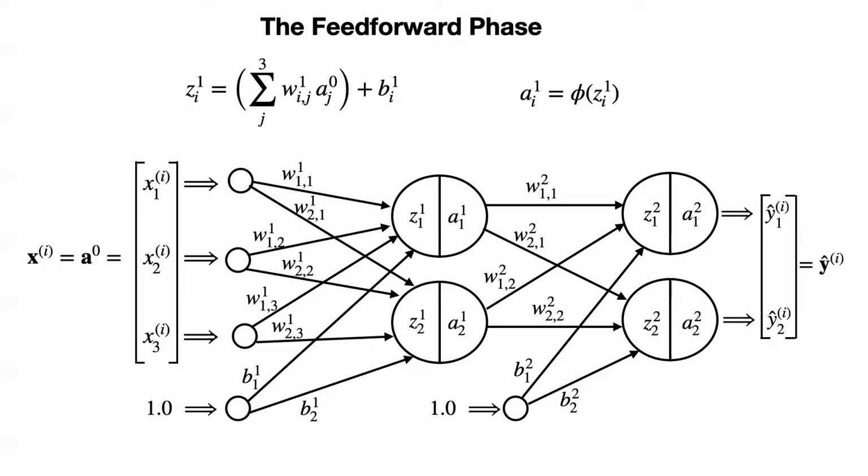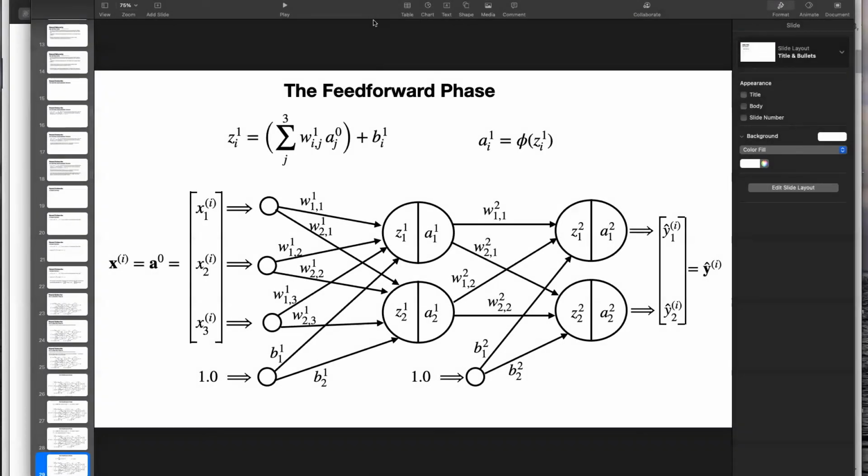The indices make it look awful, but if you focus in on Z1, it's A1 times this W plus A2 times that W plus A3 times that W plus that bias goes into Z1.